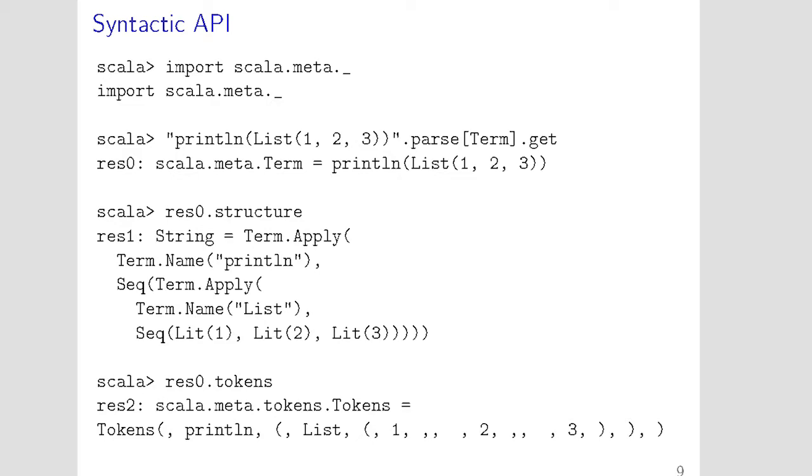As explained by Matthias, ScalaReflect is founded in compiler internals, and the compiler honestly doesn't care about formatting, about your comments, these seemingly minor details. So it doesn't matter when you emit code, but it does matter when you write developer tools. And that's why ScalaReflect is unfortunately inadequate for this task. And ScalaMeta, from day one, was built to accommodate new use cases. We'll talk about them a little bit later. So that's all about the syntactic API.